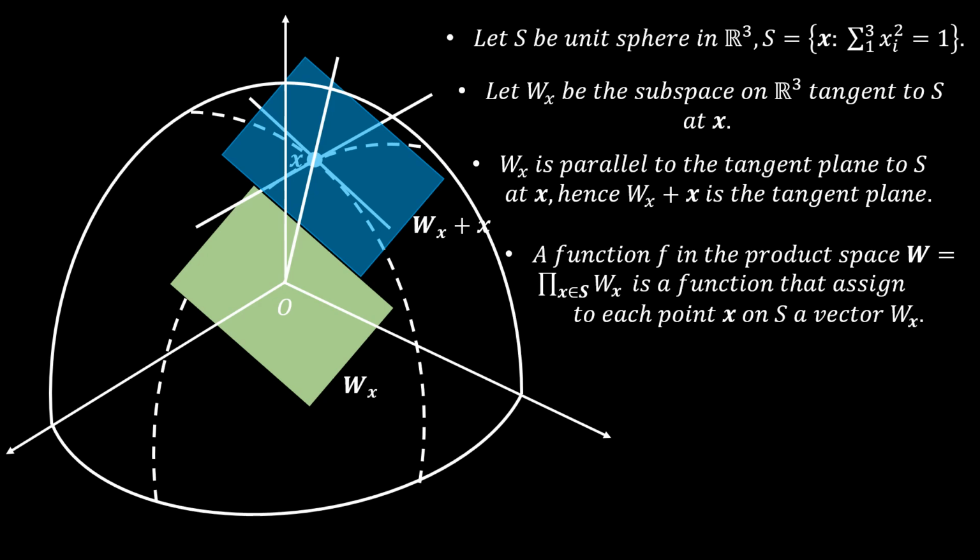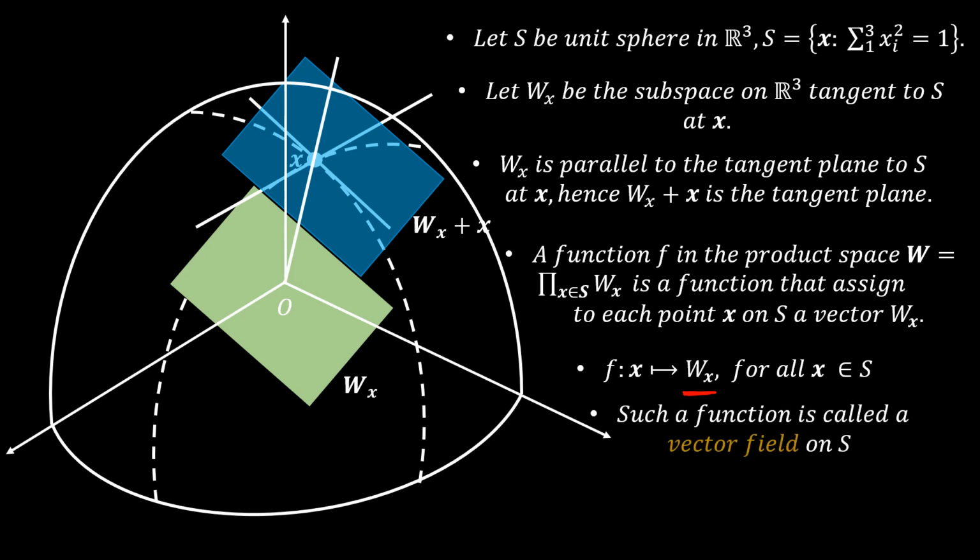So we see that there is this function f that takes a point and gives you the plane that is tangential, for all x's that you find on the surface of that sphere. So we now say that this function here belongs to this Cartesian product space.